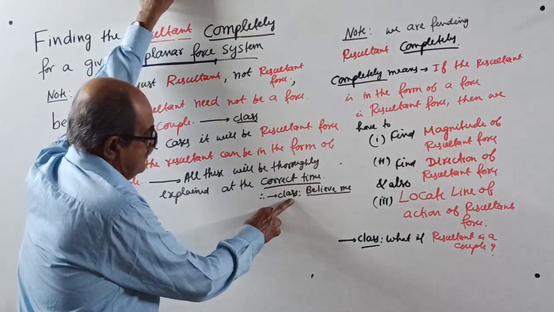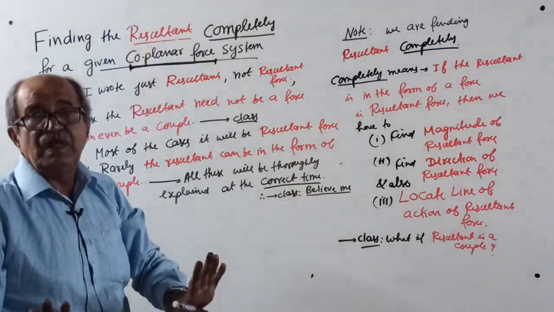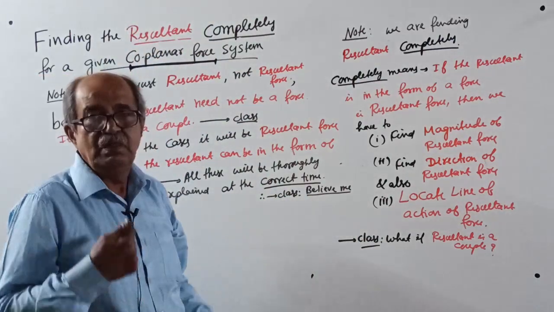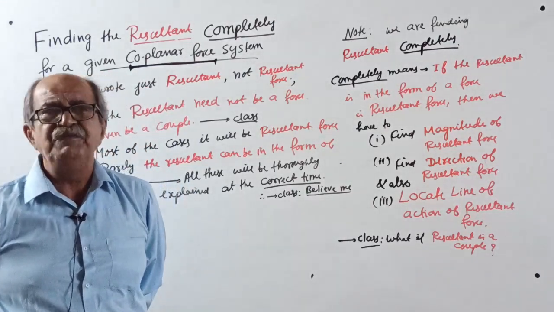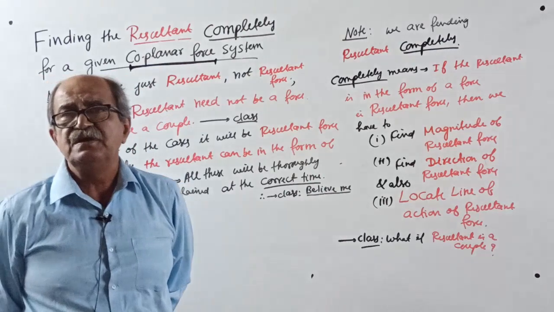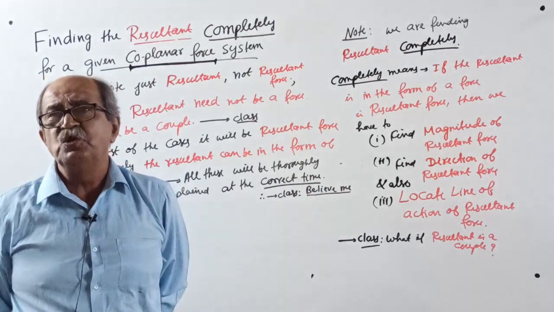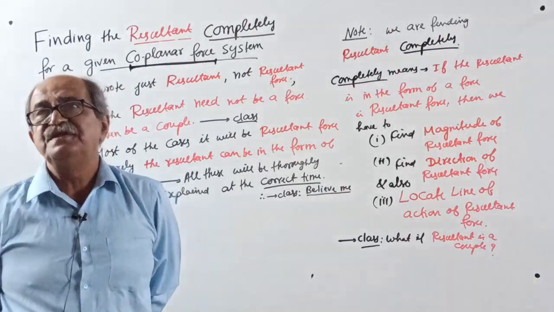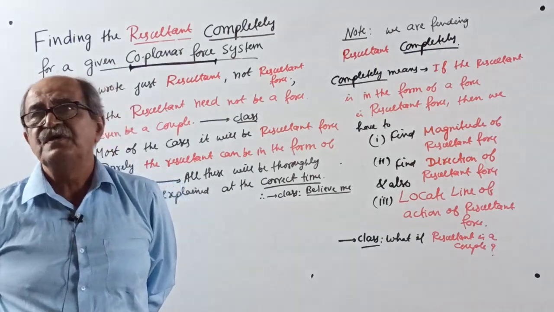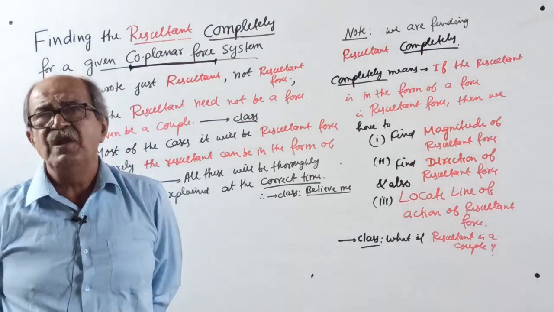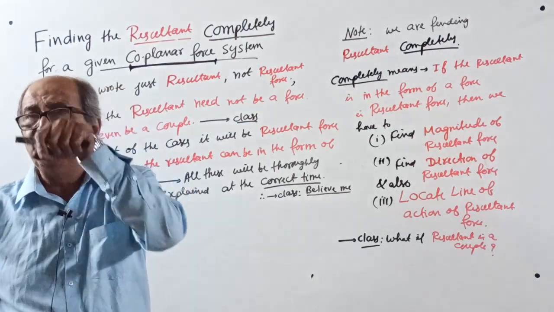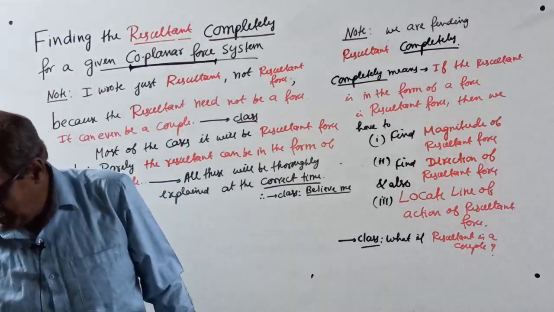Therefore, class, right now, nothing you can do. Believe me. I think by this time you have got a little belief in me. When the subject changes from engineering mechanics over to strength of materials, structural analysis, or later RCC, steel, prestressed concrete, etc., I will ask once again, now do you believe me or not? I want the reply at that time.